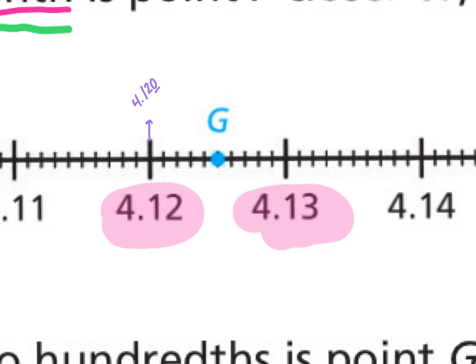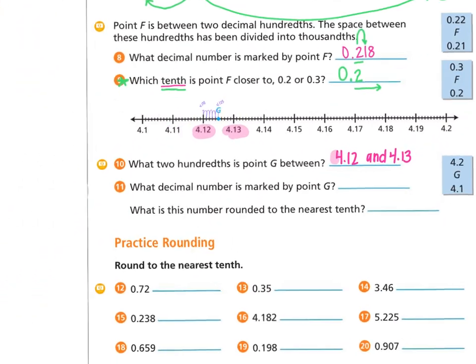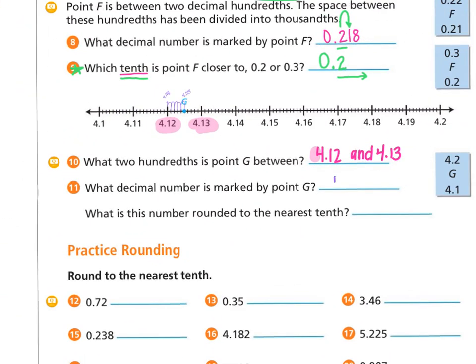Now I can start counting. 4 and 120, 4 and 121 thousandths, 4 and 122 thousandths, 4 and 123 thousandths, 4 and 124 thousandths, 4 and 125 thousandths. If you counted correctly, you should have said 4 and 125 thousandths.